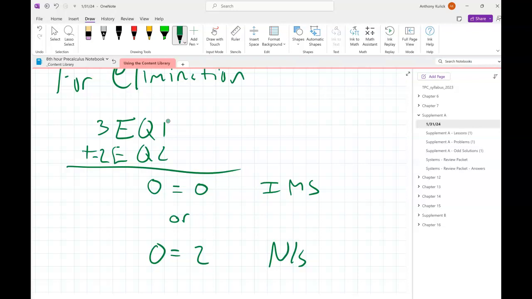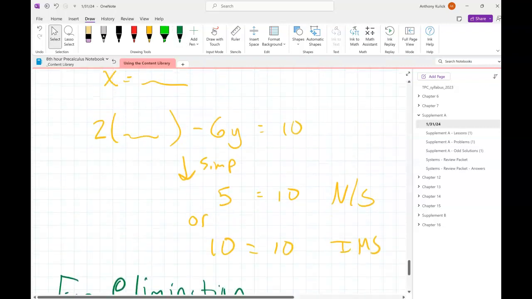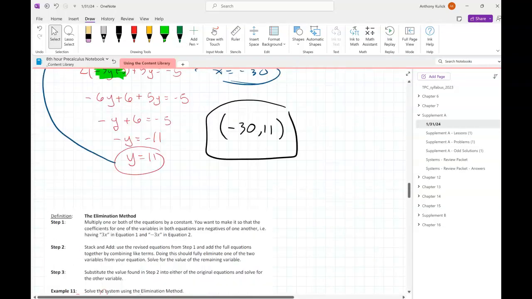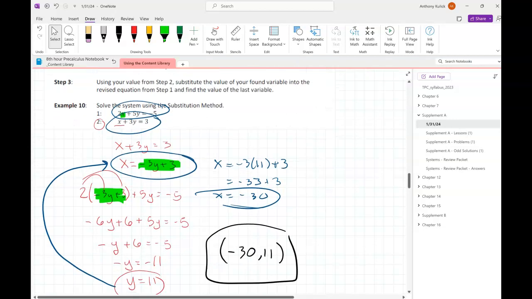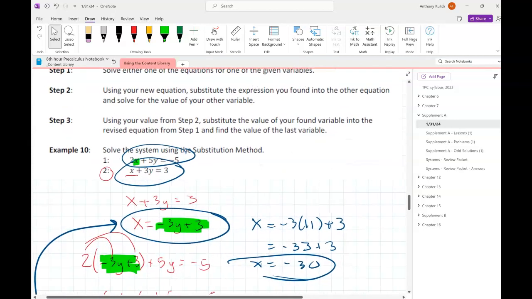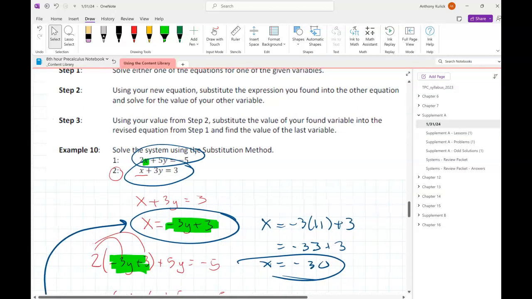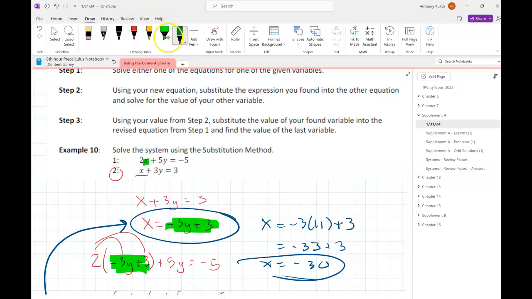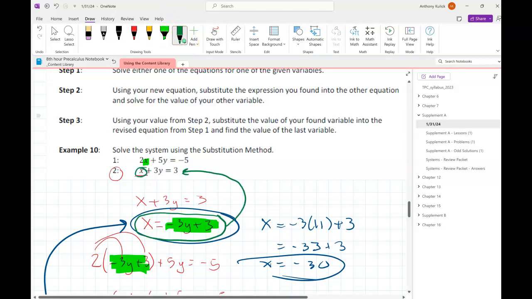It's okay if all the variables go away and you end up with no solution or infinitely many solutions. The one thing I would caution you about, though, is if you're doing substitution and you get infinitely many solutions, and you check in the back of the book and that's not the answer it's supposed to be, the most common mistake is that when you solved this for x, you plugged it back into the same equation.